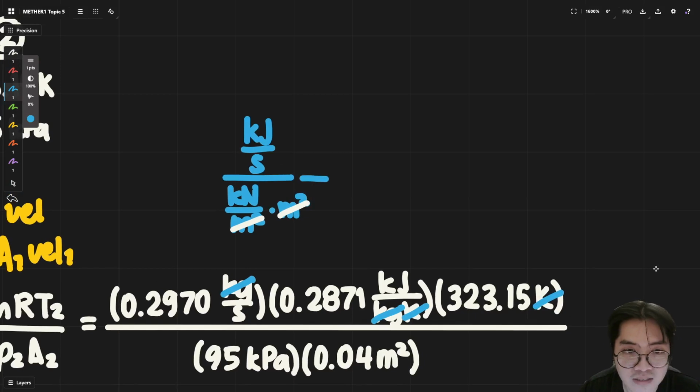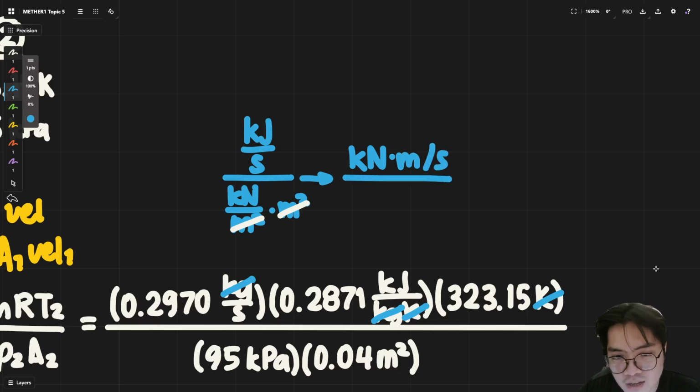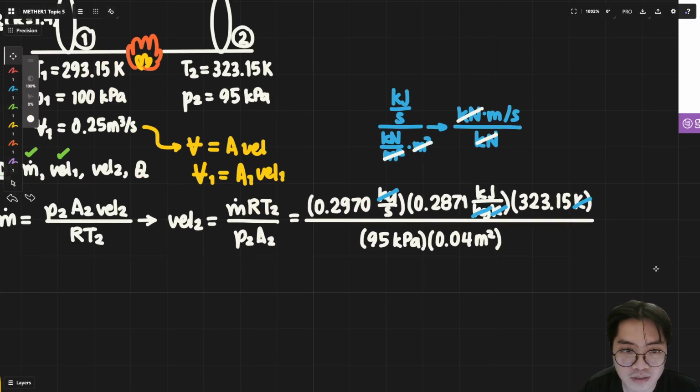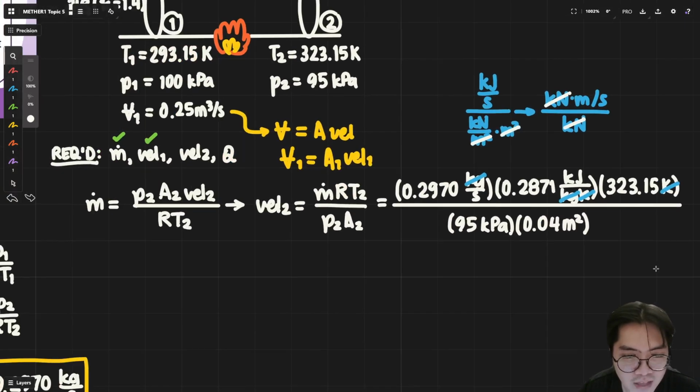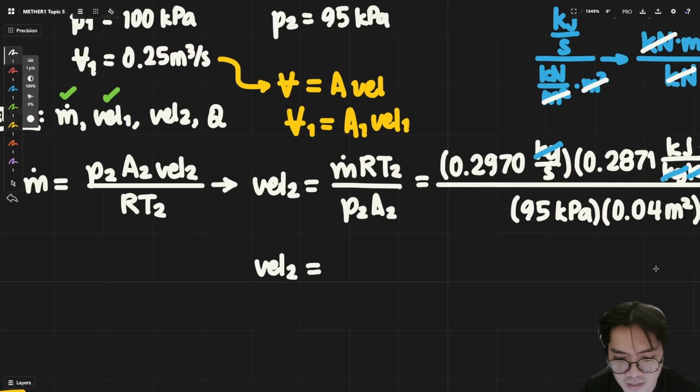And what you will see in here is that a kilojoule is just the same thing as a kilonewton meter, right? Kilonewton meter per second all over kilonewton. Cancel, cancel. You will indeed get a velocity. So our vel2 in here will become, let me just see this, you will get 7.2522.